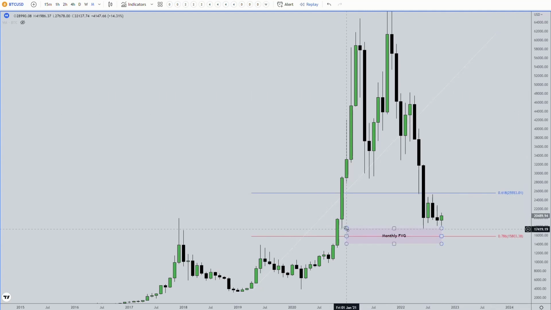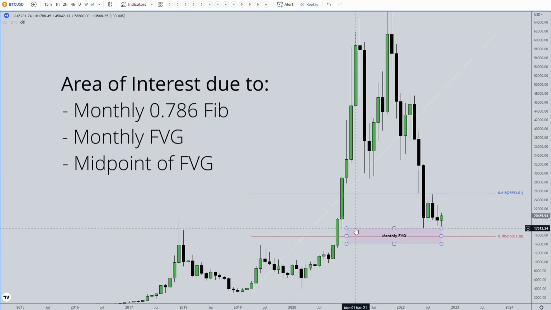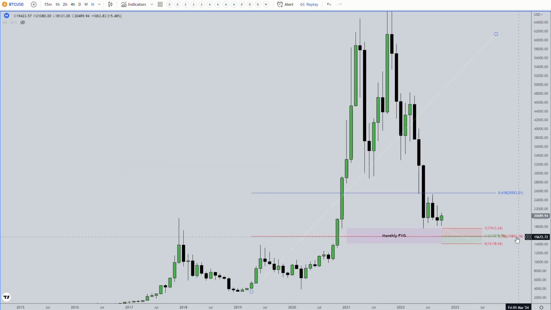Looking more closely, you would have identified a monthly fair value gap, a huge fair value gap, from 17,600 roughly down to 14,200. And going even more into detail, you could have realized that the midpoint of this fair value gap was right on the 786, meaning 15,800 really was a number to look out for.